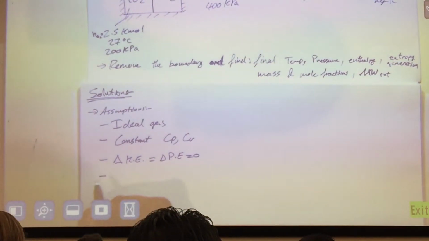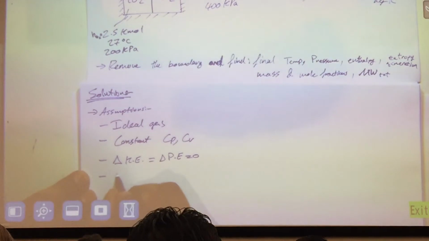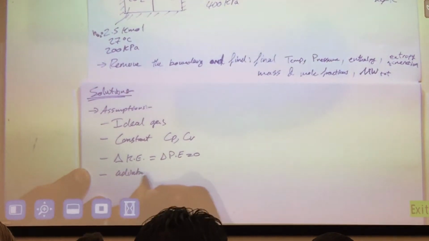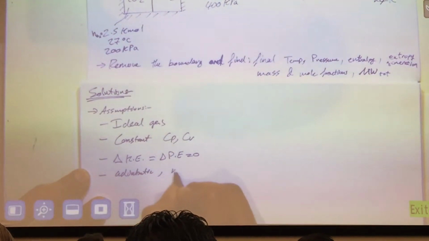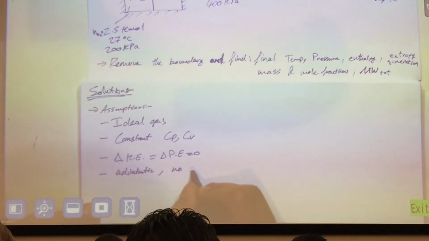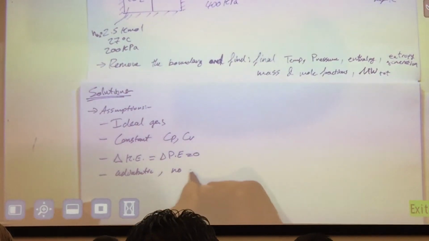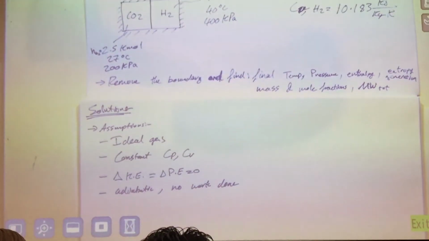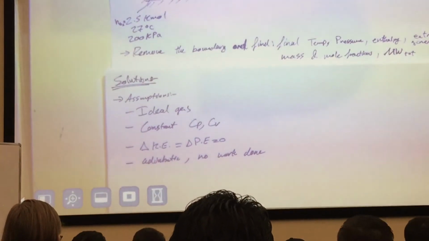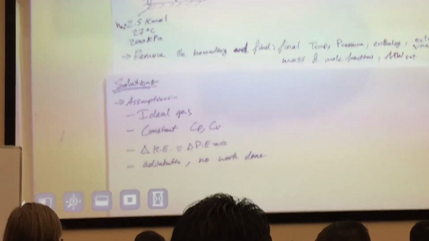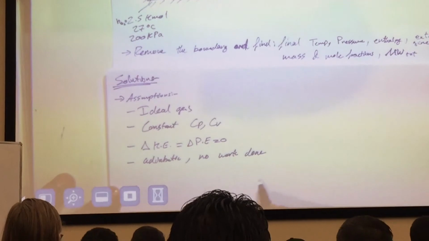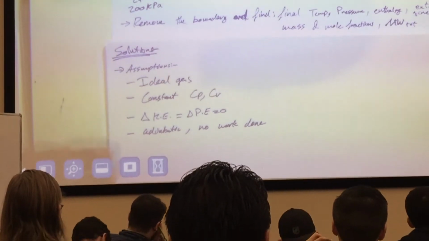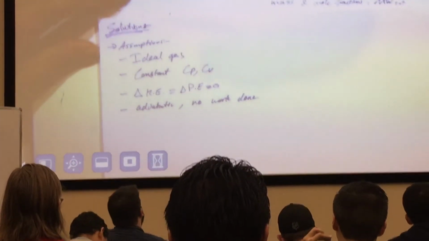What else? It's adiabatic because it is insulated, and no work done. I don't have any shaft work or boundary work. So, we want to find final temperatures and final pressures and so forth. Well, what is the equation for that? How do I get my final pressures and temperatures?